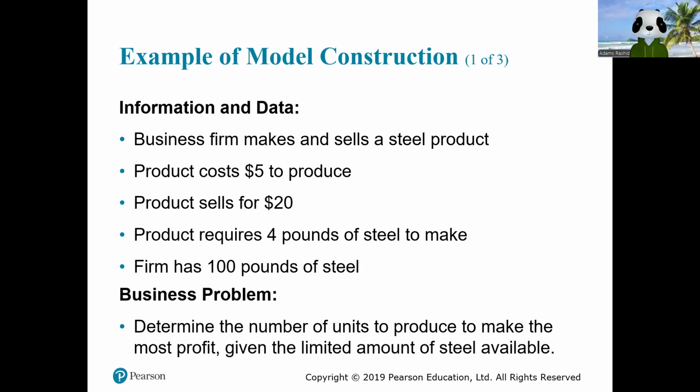He has further observed that if he produces the item at $5, he will sell one product at what? $20. But he has further observed that he needs 4 pounds of steel to produce one product.